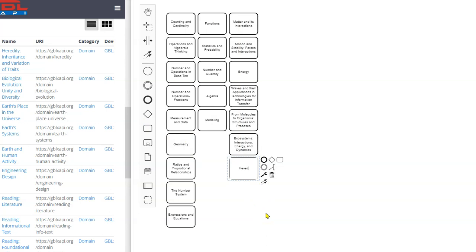Alright, I say heredity, inheritance, and variation of traits. And you say heredity, inheritance, and variation of traits. Biological evolution, unity, and diversity. Two contrasting words here.